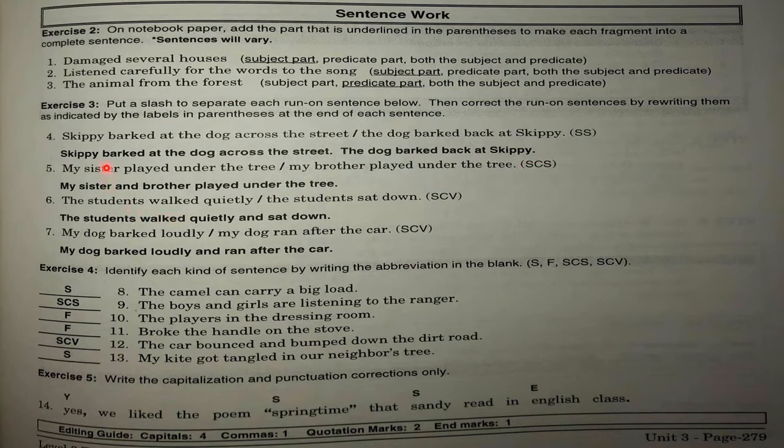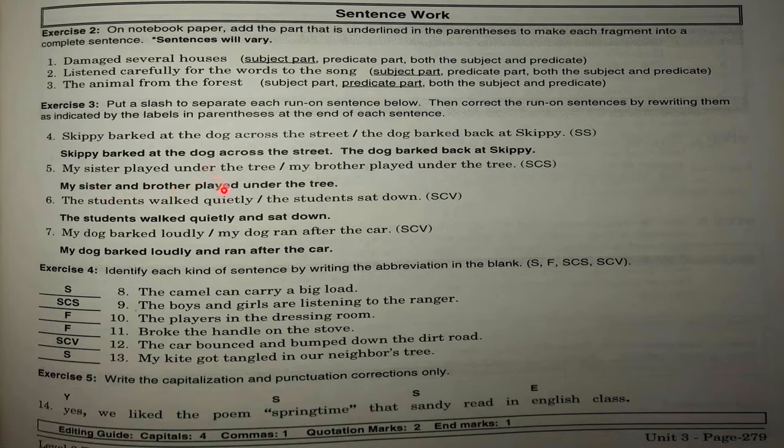So here what I'm going to do is take the subject in both sentences, which is sister, brother, and put them together to make a compound subject. I'm going to make a compound subject by putting "and" in the middle, okay? Now, my sister and brother. So clearly here, I made a compound subject.